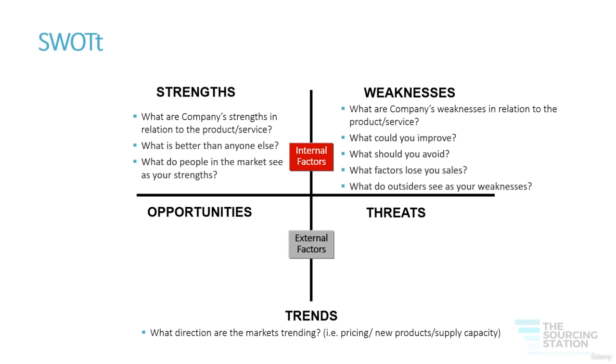Now, you might be confused here. Am I doing this from a company perspective or from a supplier perspective? Now, you always have to remember, set your objective right. If you are doing this SWOT analysis for your supplier, of course, you would be doing this from the supplier perspective, right?